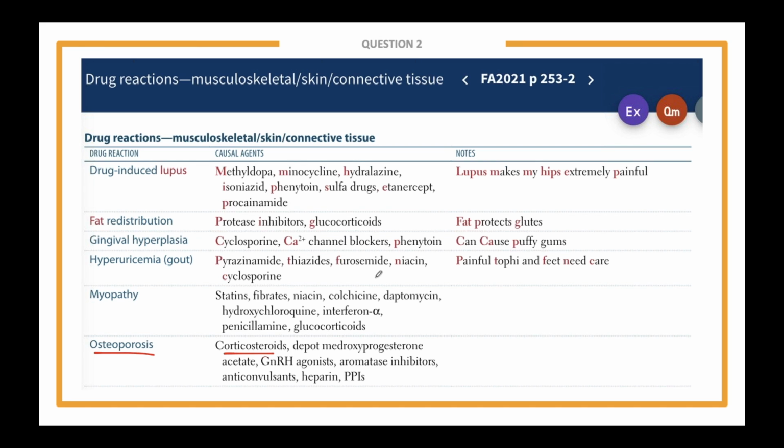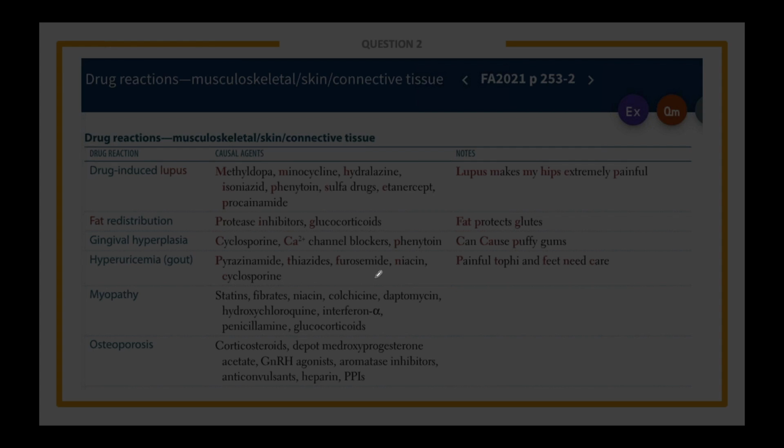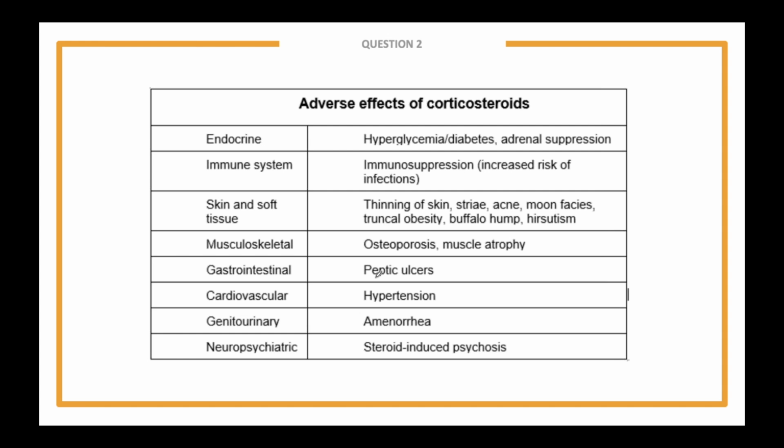And then on the next slide, we actually have another thing about adverse effects of steroids, and you can see there under MSK, osteoporosis is another side effect of corticosteroids. So these side effects of steroids are very important to know. They're oftentimes questions on step 1, so make sure you understand how they present and are able to diagnose them.